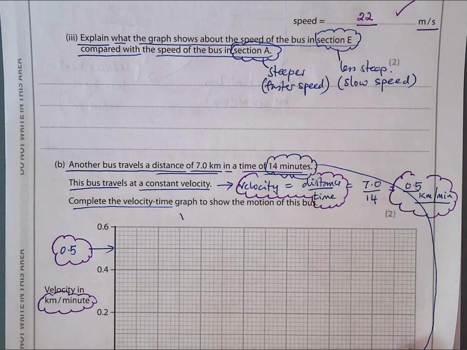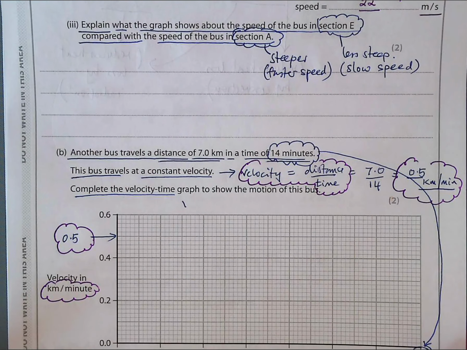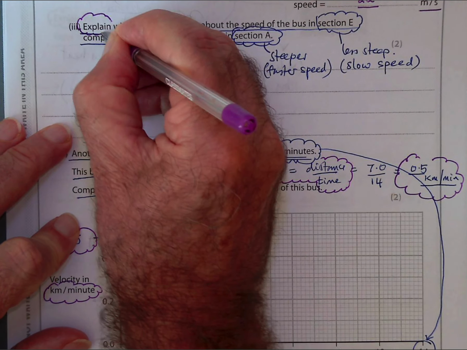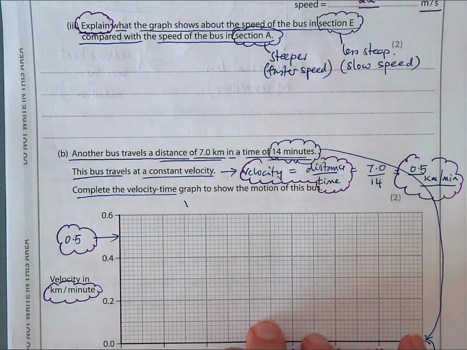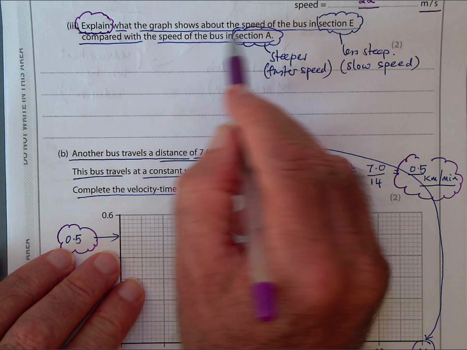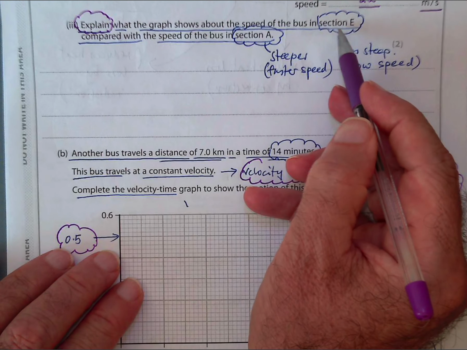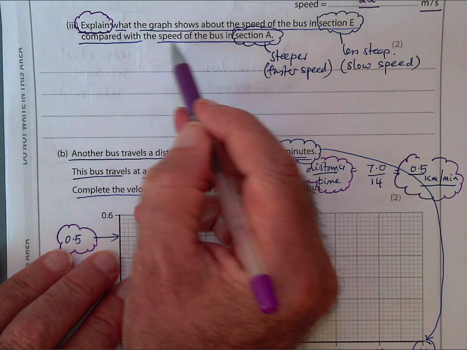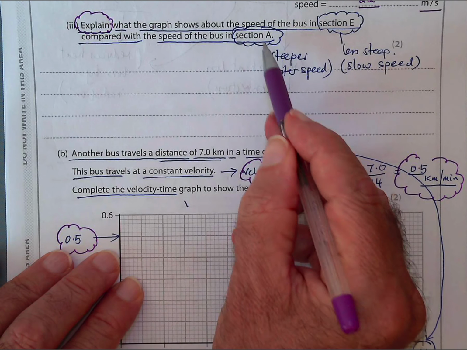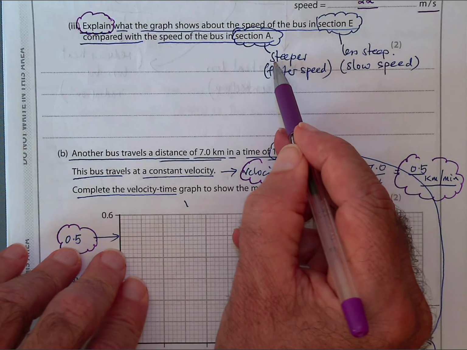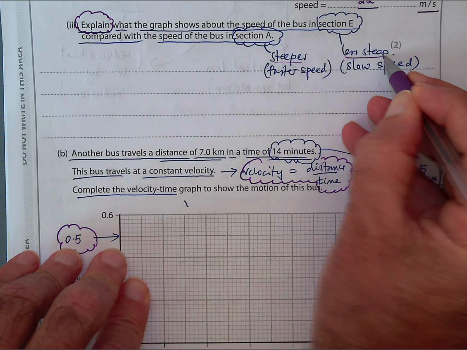The next part of the question is then an explain section. So remember, explain means you've got to understand it properly. Explain what the graph shows about the speed of the bus in section E compared with the speed of the bus in section A. Well, section A, we'll look at in a minute, is steeper, and section E is less steep.